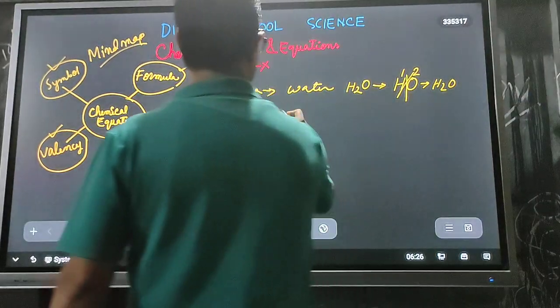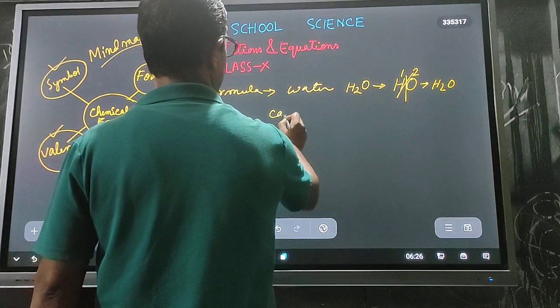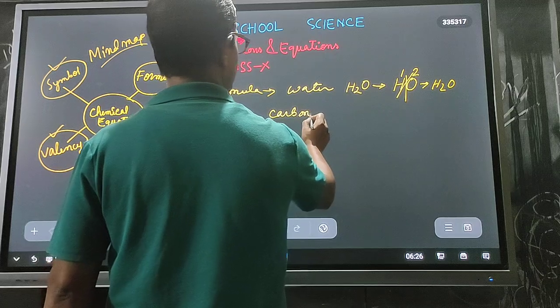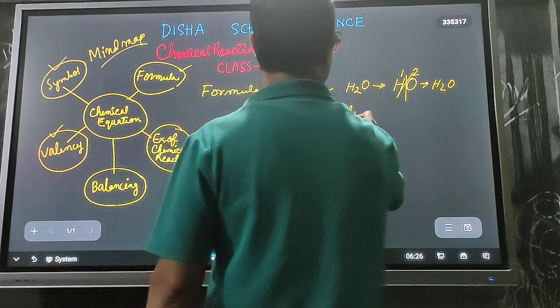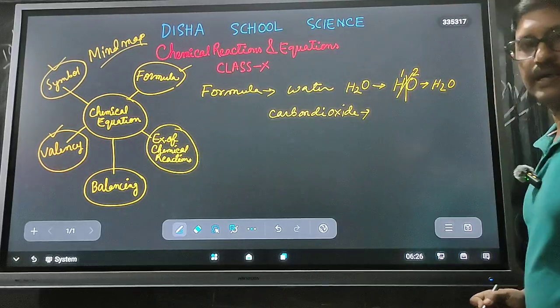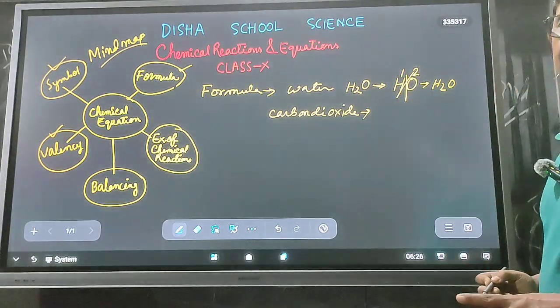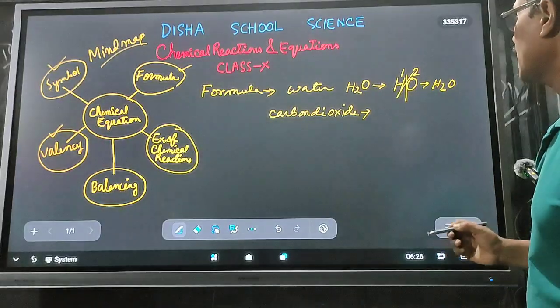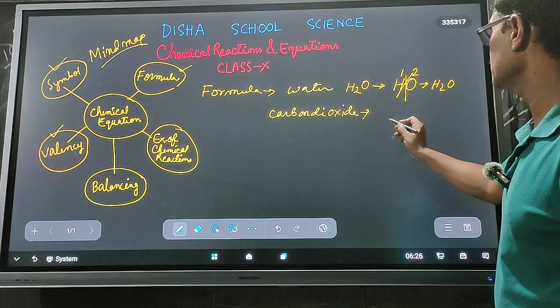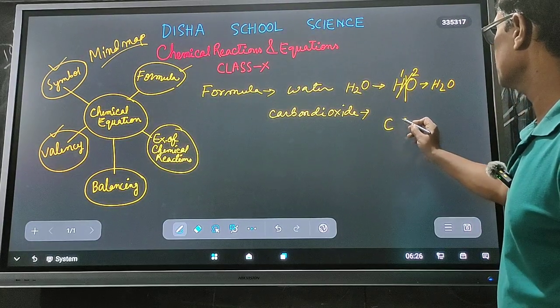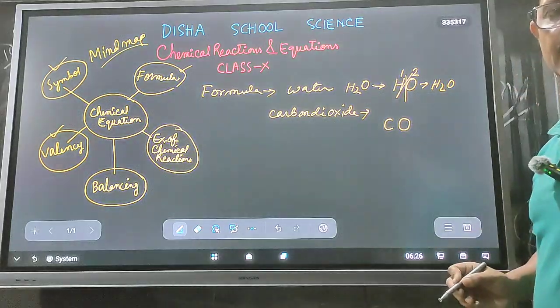Next is carbon dioxide. Everybody knows carbon dioxide formula is CO2, but how is it formed? The name itself tells what elements are present in carbon dioxide: carbon and oxygen. We should write them nearby.